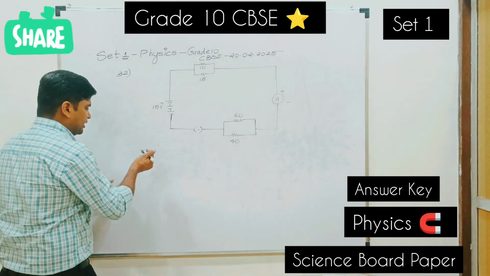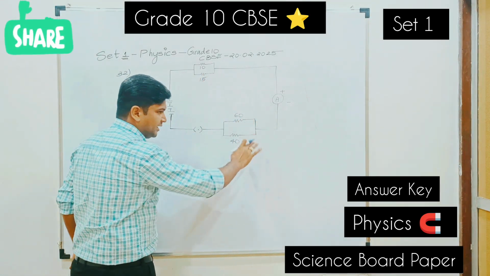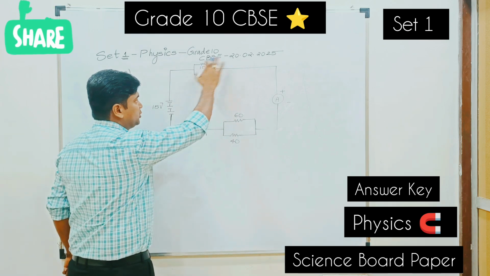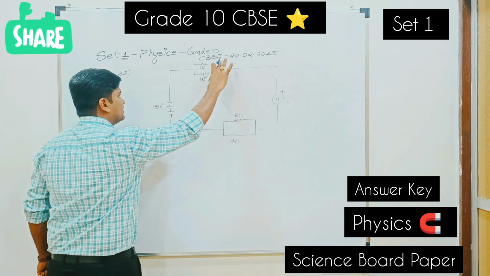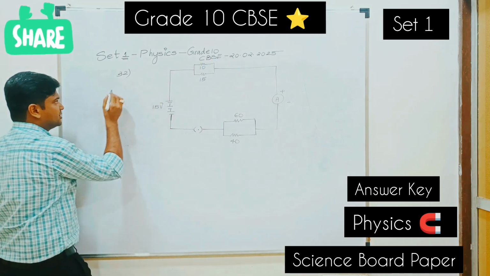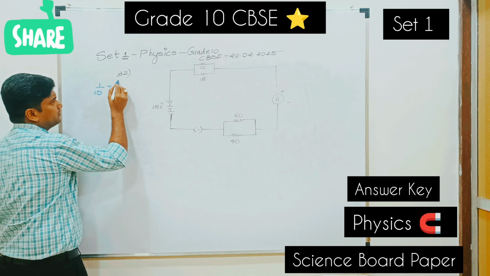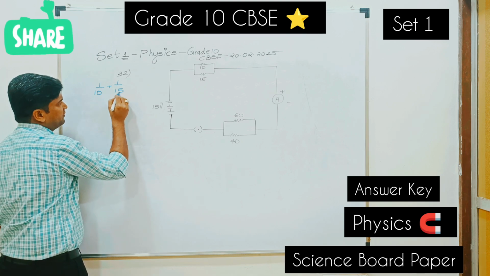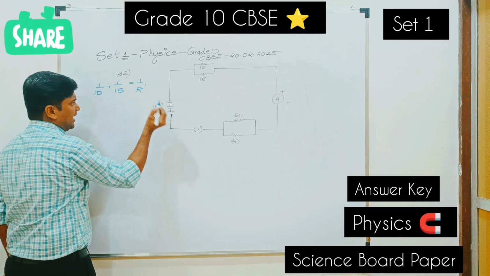No problem. You can clearly see these two are connected in parallel, and these two are connected in parallel. Then the two of them will be connected in series combination. So let us first calculate the effective resistance of this. No doubt it would be 1 by 10 plus 1 by 15, which is equal to 1 by R dash.